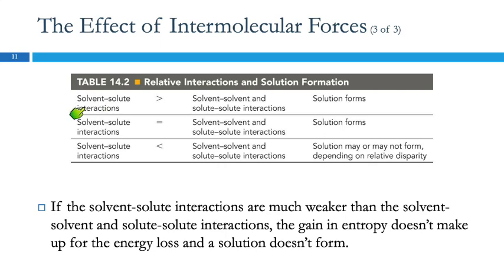If the solute-solvent interactions are stronger than the original interactions, a solution will form. If they're approximately equal, a solution will form, because we still have entropy driving things, the spreading out. But if the interactions between the solvent and the solute are weak, like in my example of the Japanese and the Swedish people, their interactions with each other are stronger, and so the solution probably will not form.